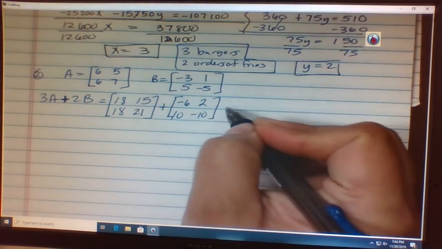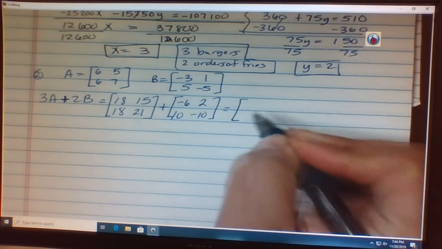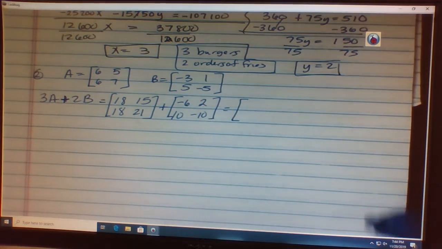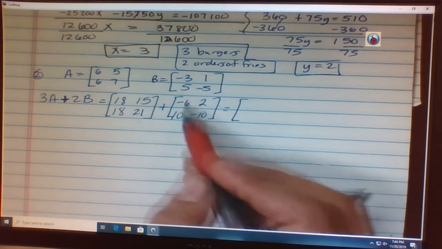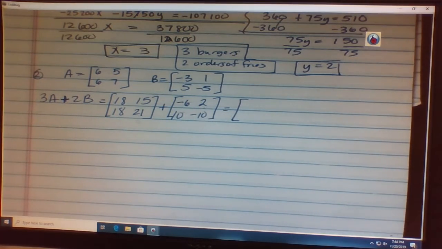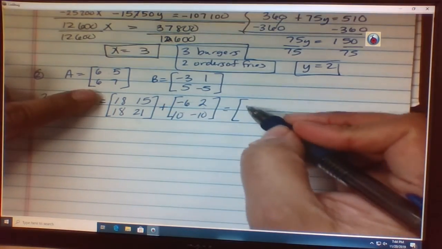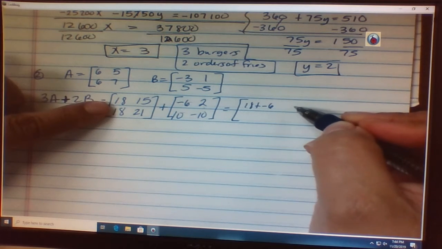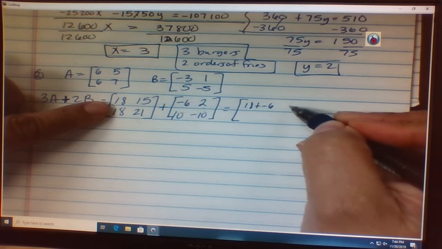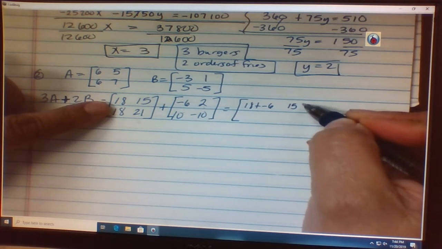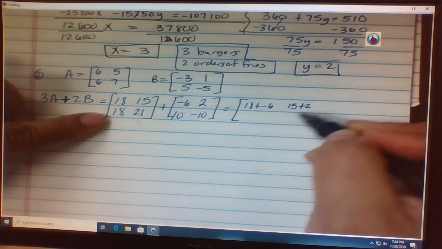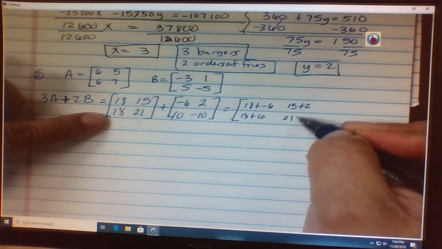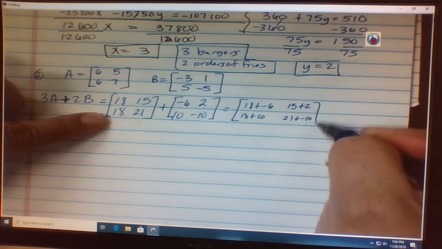But it has to do what for them? Add them. Now remember, in addition, they have to be the same size. Are they the same size? This is a 2 by 2, 2 by 2. So addition is an easy one. 18 plus negative 6. 12. No. I do 15 plus 2, 18 plus 10, and 21 plus a negative 10.